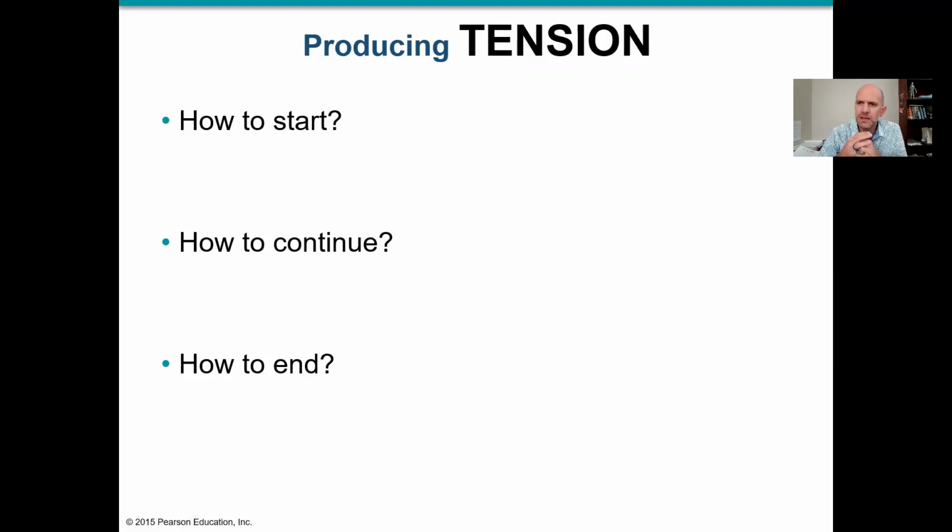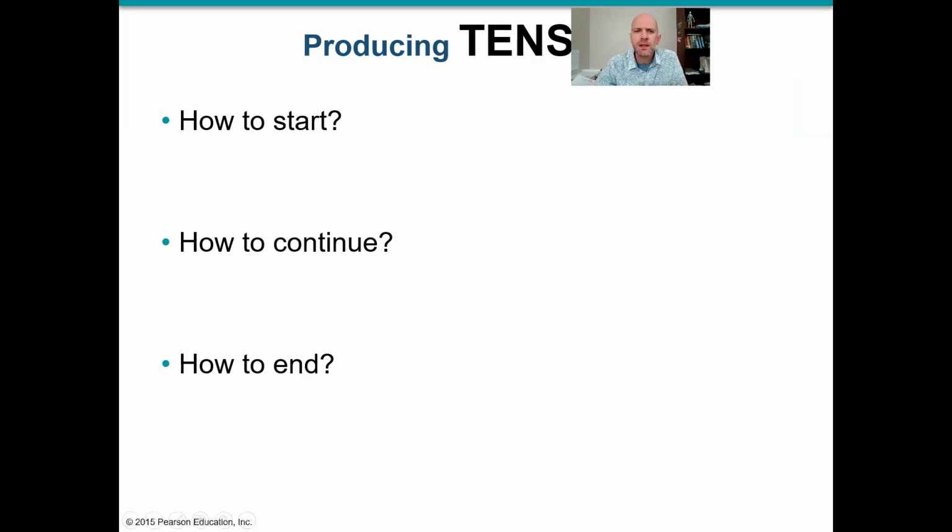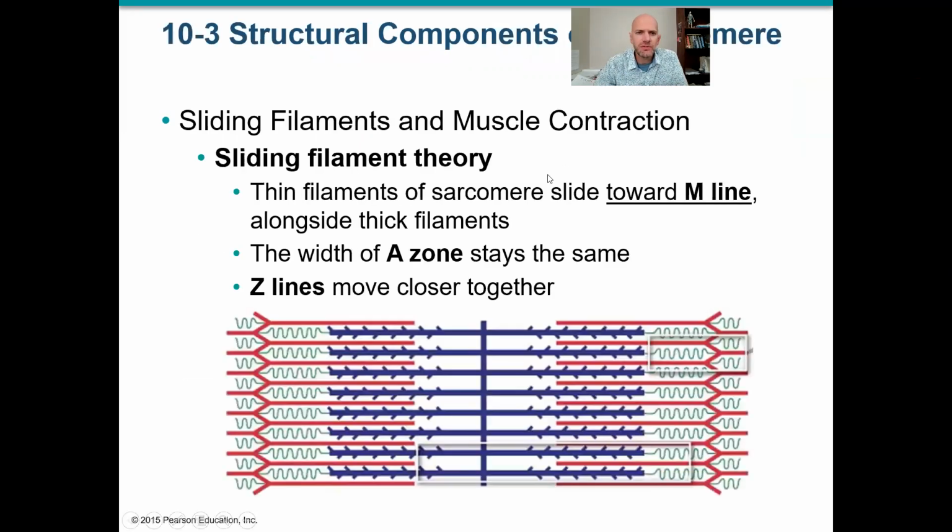Last time we met for lecture, in video land, we had started chapter 10 on muscle tissue, and we had started looking at the structure and function of muscle tissue. We had just finished going through some of the structure of muscle tissue, the different connective tissues that wrap around each of the layers within a muscle, the 4 F words that we talked about: the fascicle, the fiber, the myofibril, and the myofilaments.